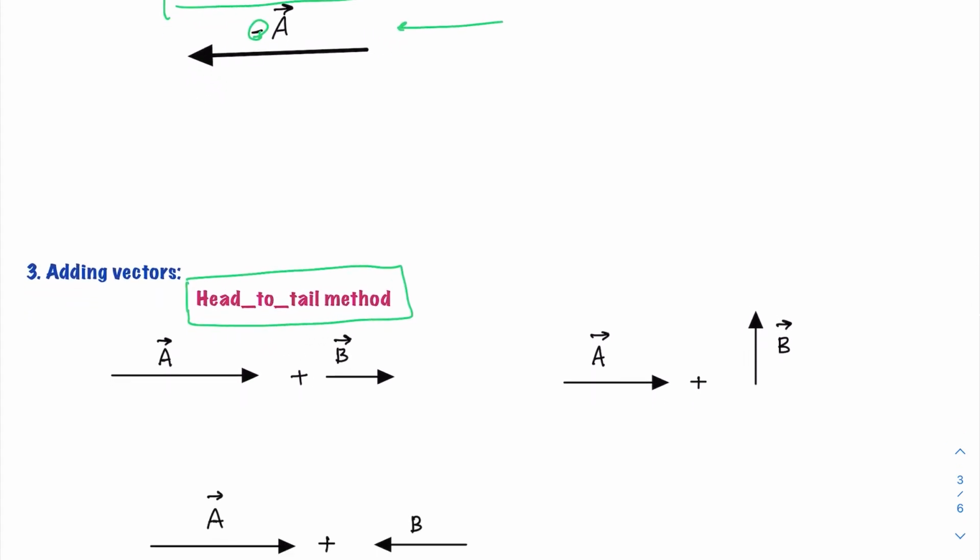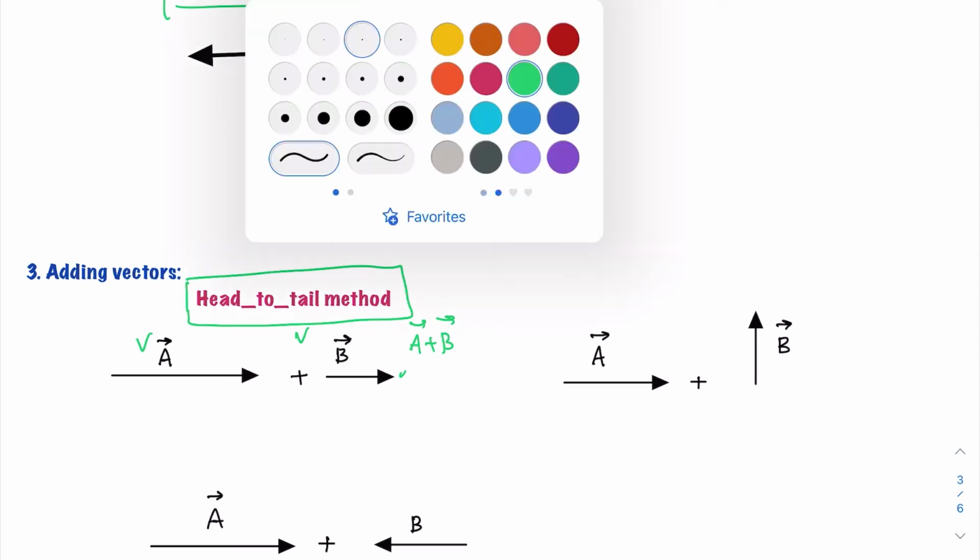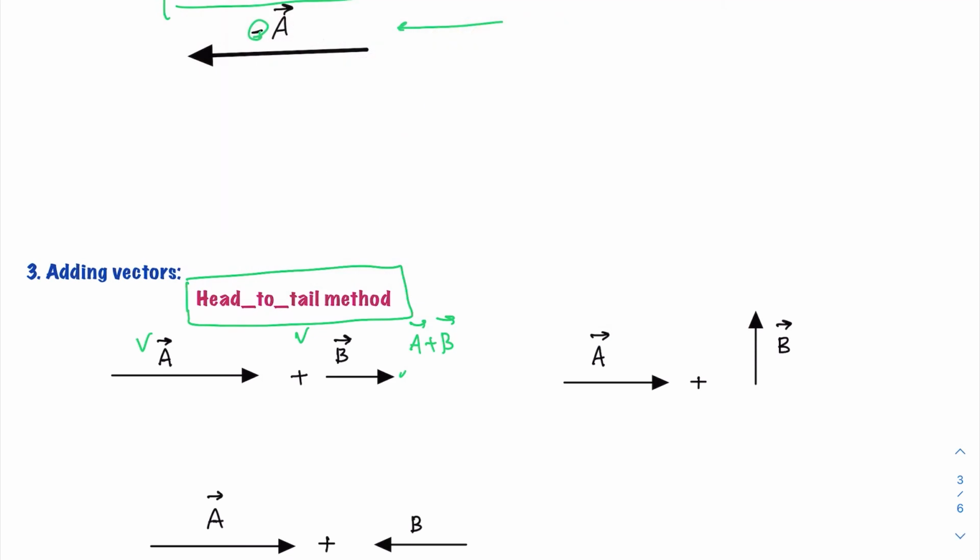In this method, if we have two vectors, vector A and vector B, and we want to add them, and we are asked to show vector A plus B graphically, we can simply place the tail of vector B at the head of vector A.